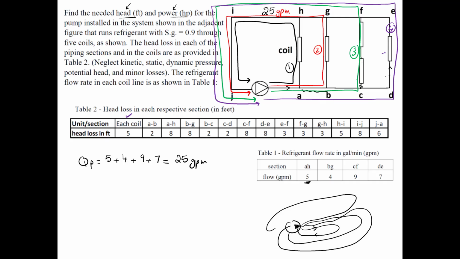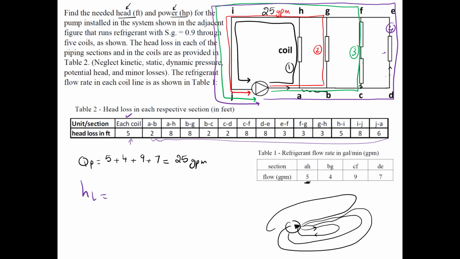Now the pump has to deliver the flow through path number 1, 2, 3, and 4 at the same time. However, we don't just come and add the head loss, and then multiply this by 5. No, that's like you're over designing your pump, because that's not needed. I need to know the maximum across each one.